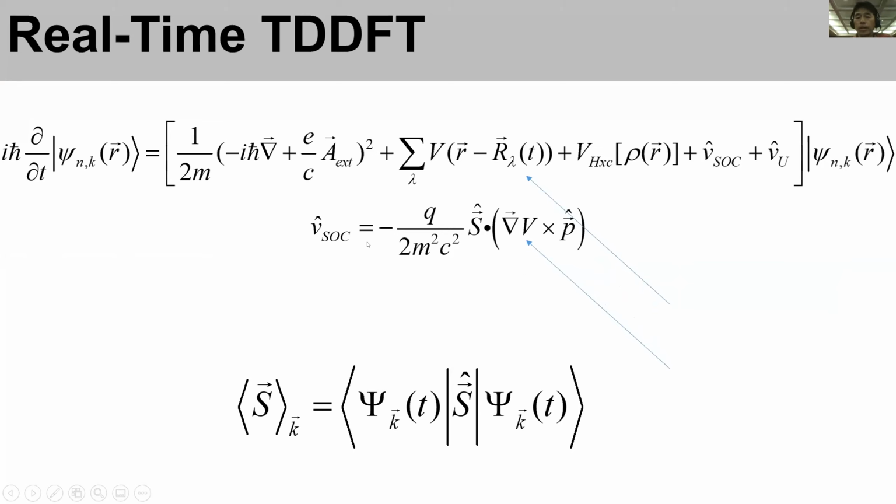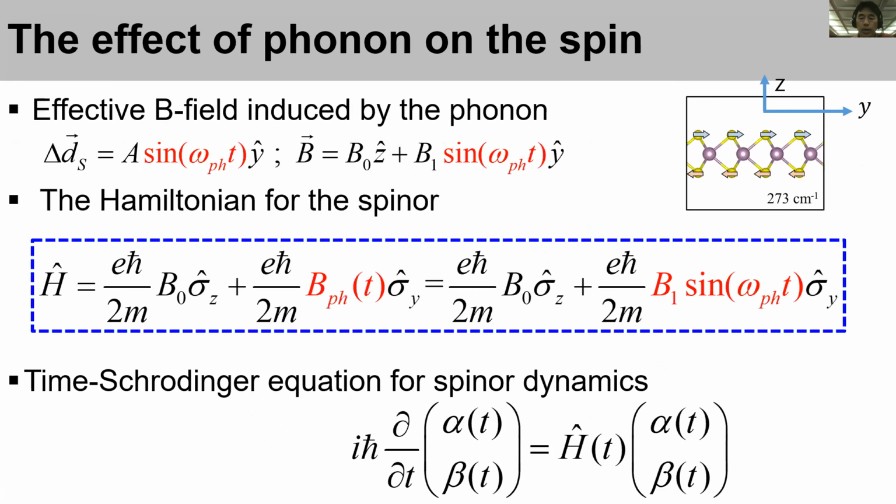So this oscillating potential basically affects the spin direction, and as a result, the effect is modeled this way.